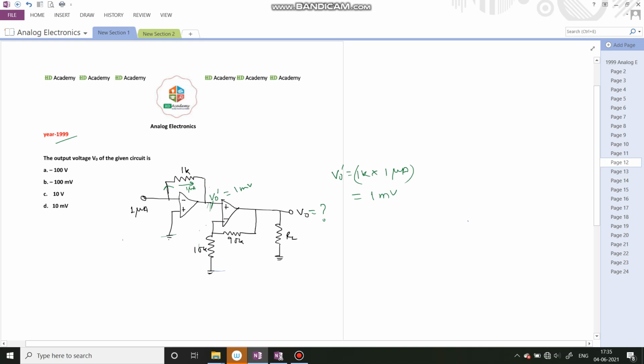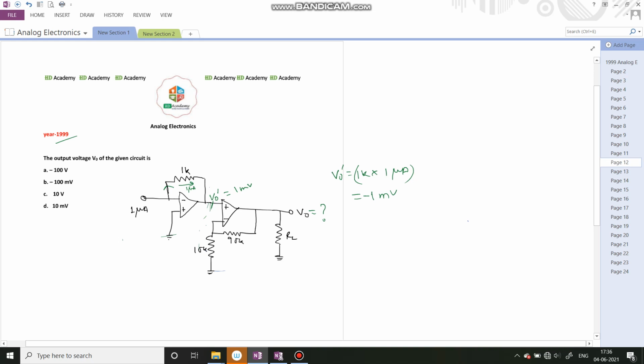Now the second section is an amplifier whose input voltage is 1 millivolt. One thing, this sign will be negative because it is an inverting amplifier, right? In this section it is a feedback amplifier.